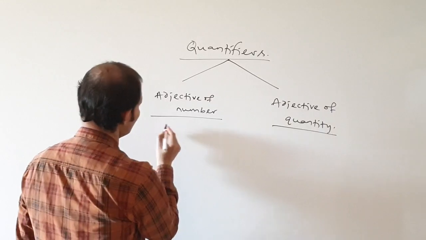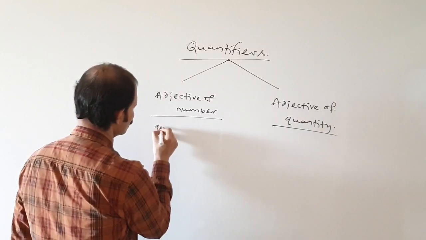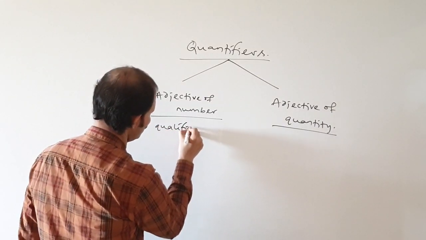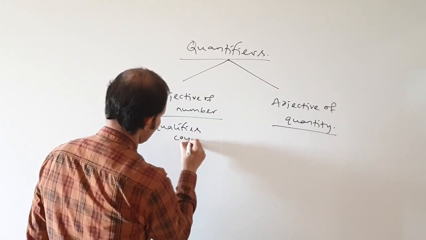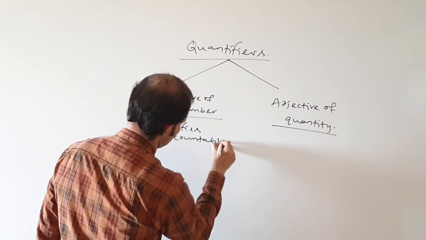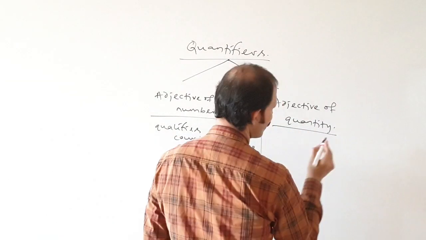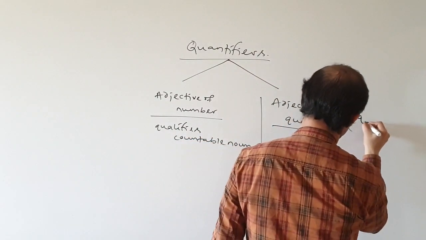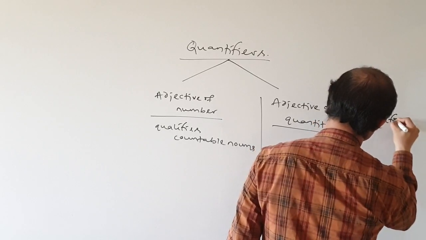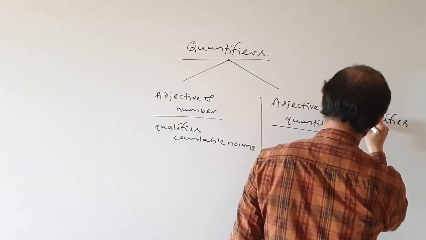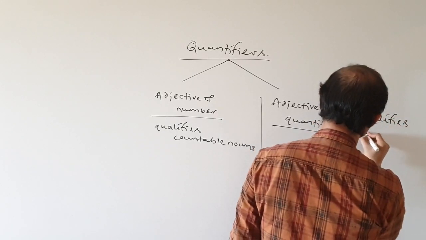Adjective of number actually qualifies countable nouns, and adjective of quantity qualifies uncountable nouns.